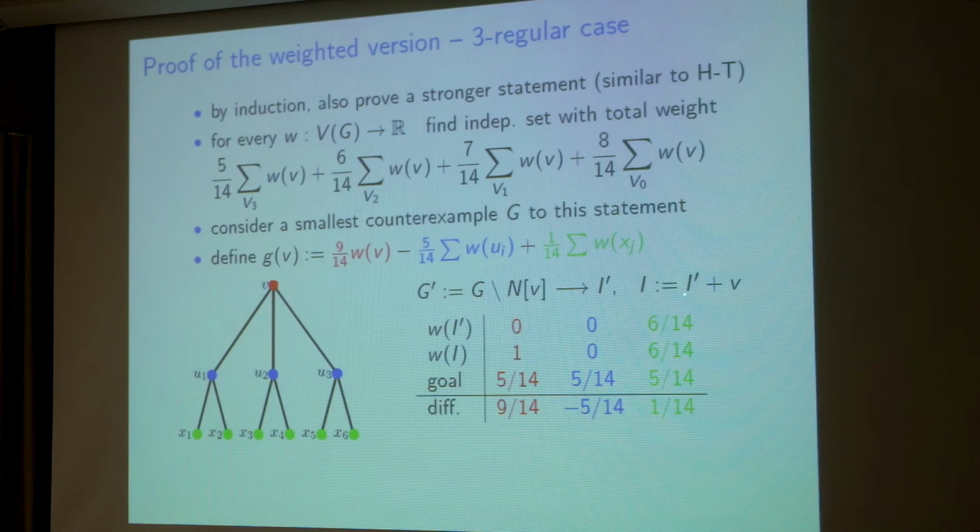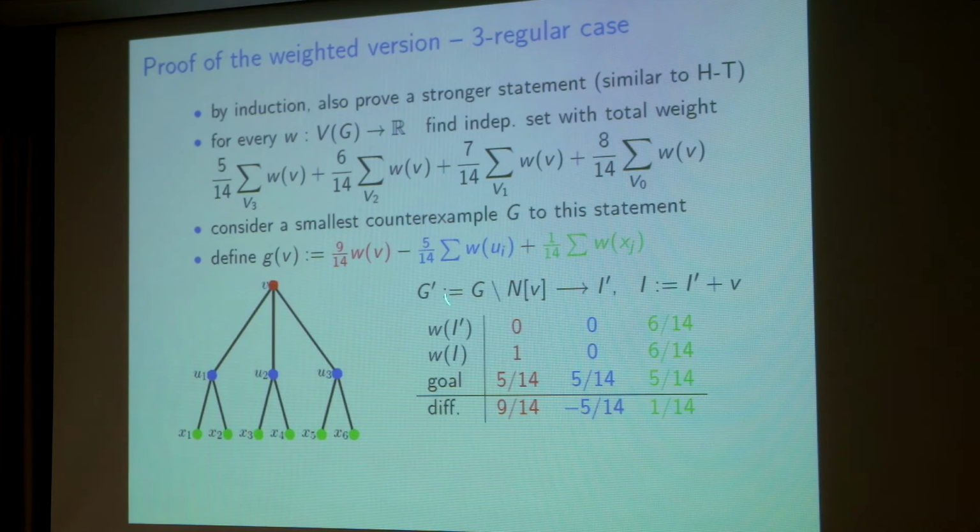If you look at how much vertex V contributes to the independent set I that we just constructed, it contributes the total weight of the vertex V, but I needed only 5 over 14. So I have 9 over 14 extra of the weight of V to use as my profit.